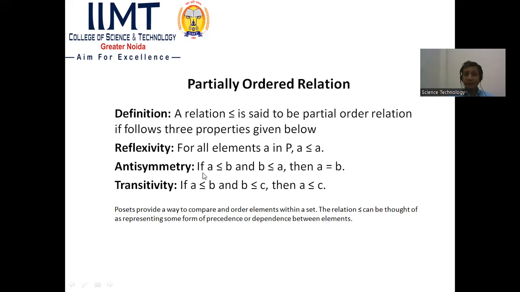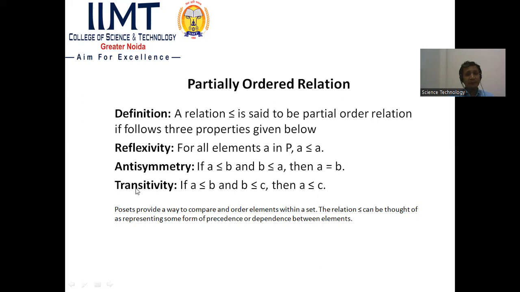So, if this condition is fulfilled, we will say the antisymmetry property is fulfilled. Means if A is related to B and B is related to A, then A is equal to B.